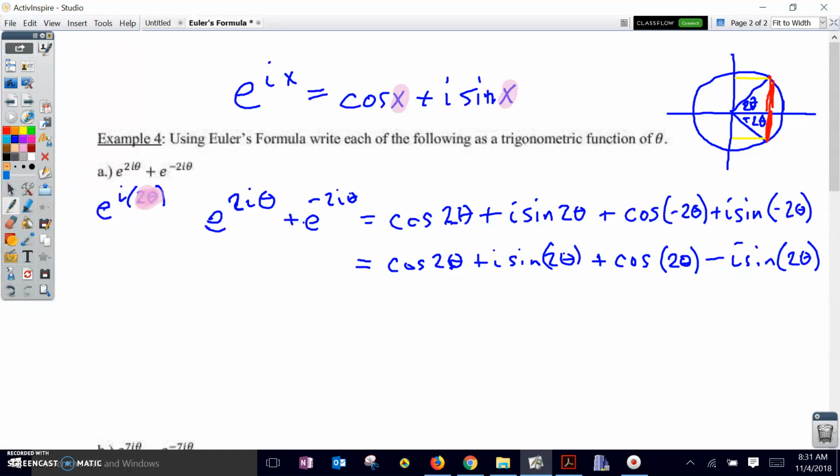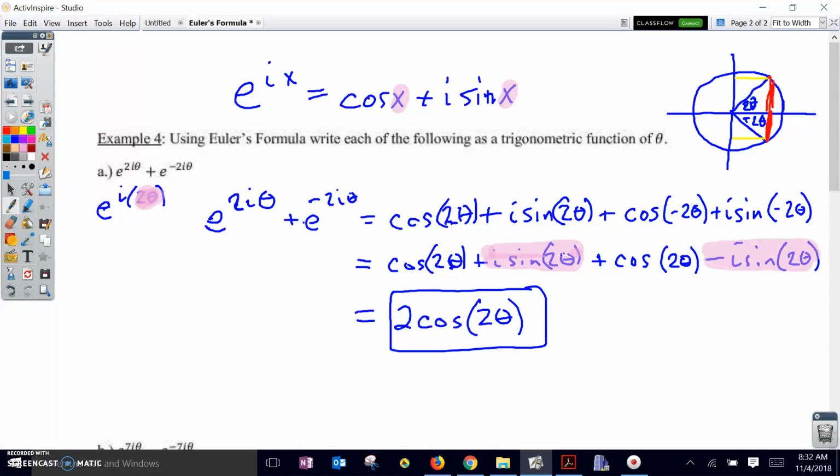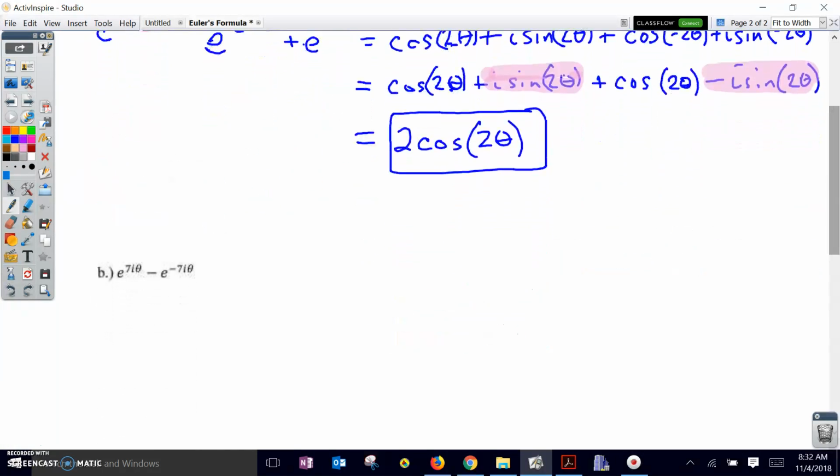Should probably group those there. Alright, and now simplifying, we see that we have an i sine of 2 theta and a negative i sine of 2 theta. They're just going to add together to make 0. And the cosines of 2 theta will add together. And so, the value of e to the 2i theta plus e to the negative 2i theta is just 2 cosine of 2 theta.